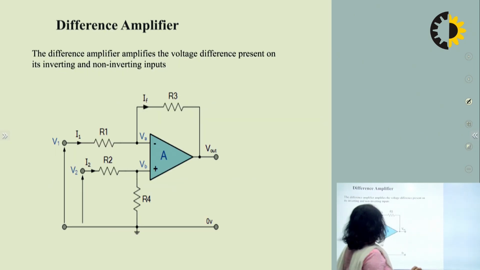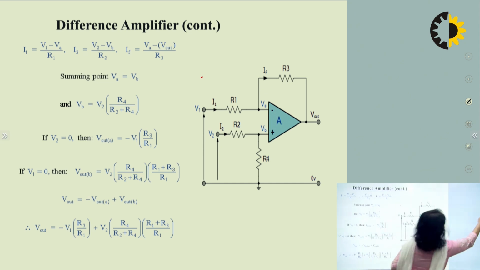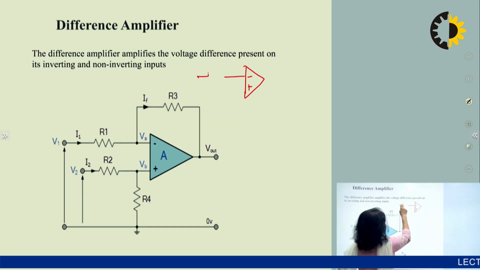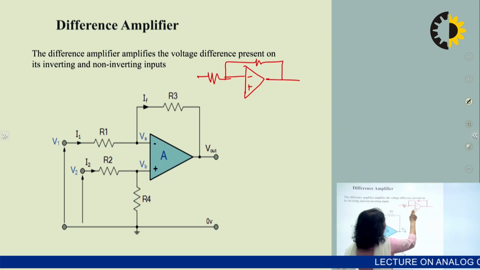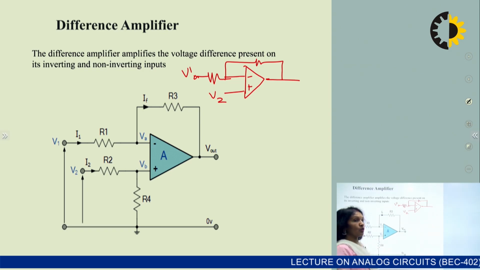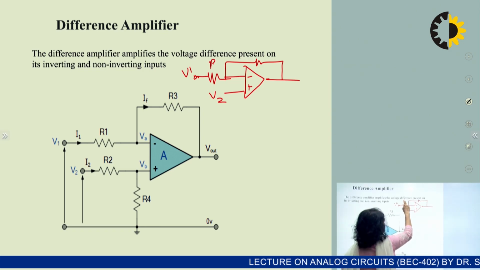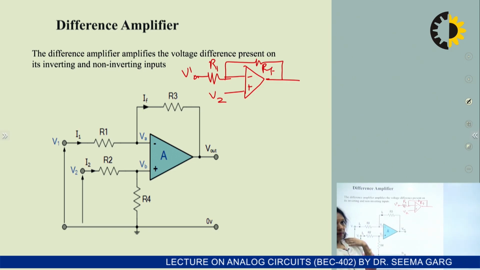Now coming to the difference amplifier. Here is the difference amplifier. The most simplified difference amplifier would be something like this. Suppose this is V1 and this is V2. If we are applying signals to both the terminals, then we call it the difference amplifier.